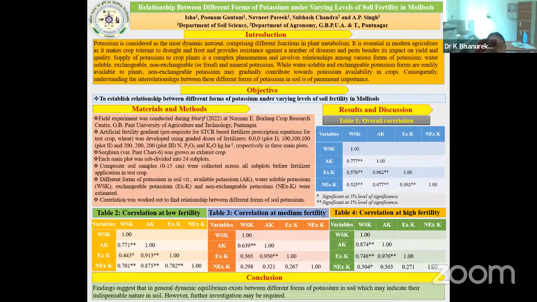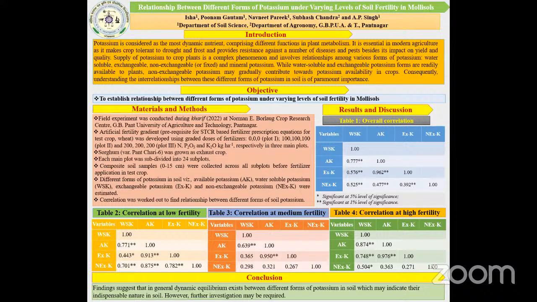Based on this, like for the high fertility, medium fertility, and low fertility soil samples you have taken, could you have some recommendation like which crops would be better based on this soil type and so on? Ma'am, actually, this study is specifically done with wheat as the test crop.